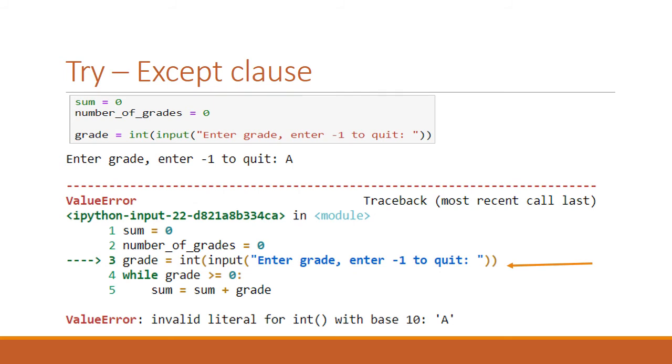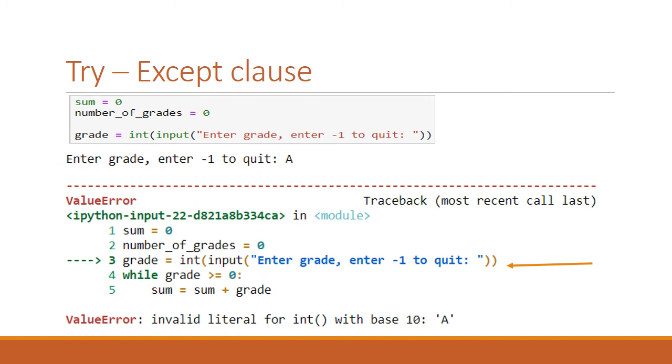So the int function is trying to convert the uppercase character A to an integer. Well, this is not a valid string for the int function. The int function is expecting a string that actually represents an integer. So the interpreter throws a value error.